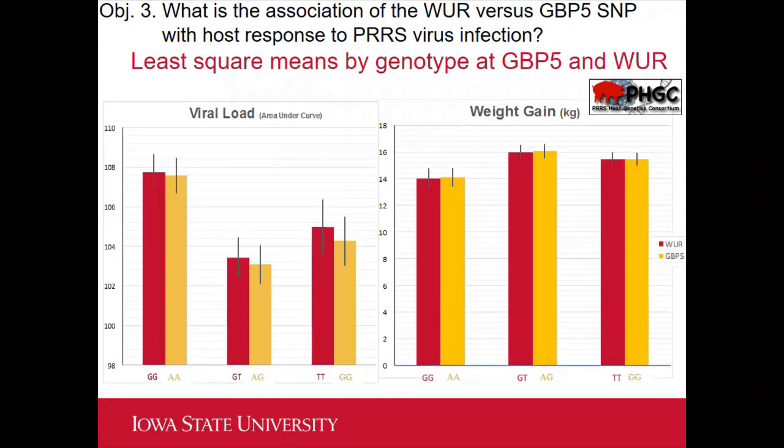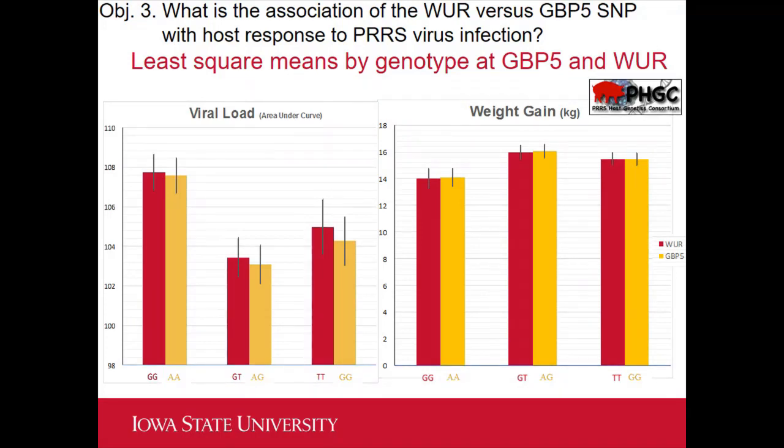And so this brings me to my last objective. What is the association of WR versus GBP-5 SNP with host response to PRRS virus infection? We addressed this last objective by calculating the least square means by genotype at GBP-5 and WR for viral load and weight gain. We see that they're quite comparable.